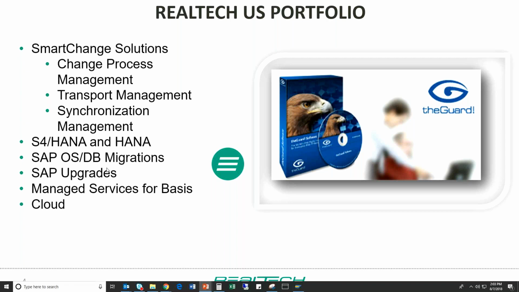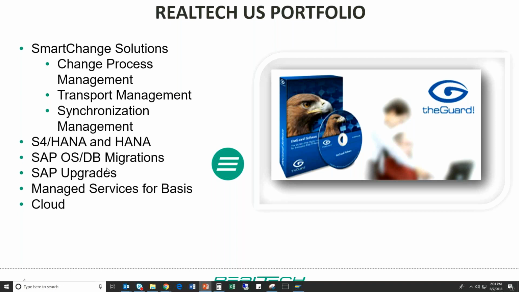We're really focused on S/4HANA and HANA implementations, and have been focused on OSDB migrations for the past 20 years. So with SAP's methodology of telling customers to move to HANA and S/4HANA, REALTECH aligns with SAP's message to their customers.